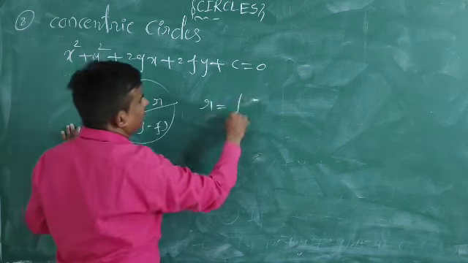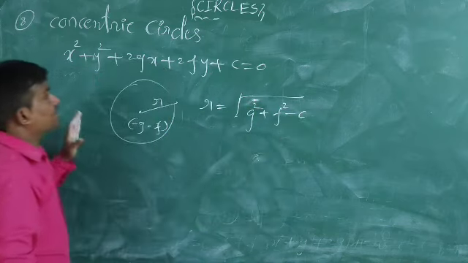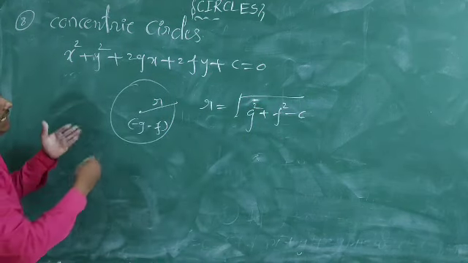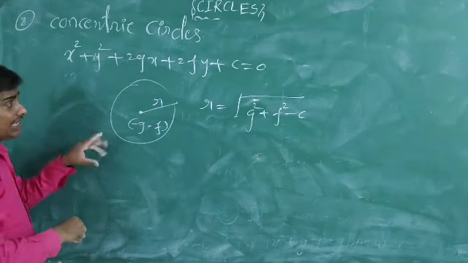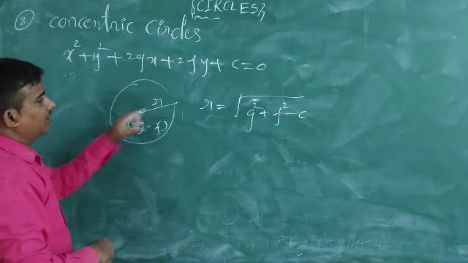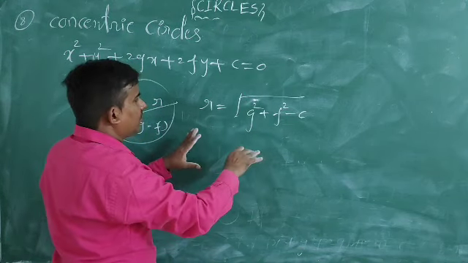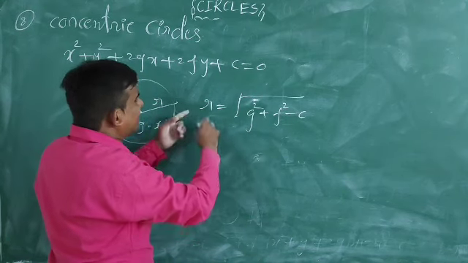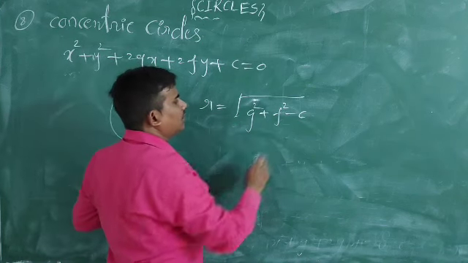r will be the square root of g square plus f square minus c. If another circle has the same center and a different radius, the radius should not be equal to r. That means g and f should not be changed. So to change the value of r, we must change the value of c.